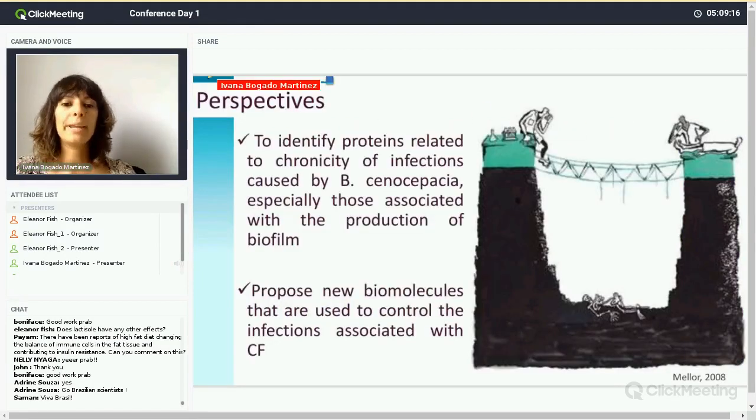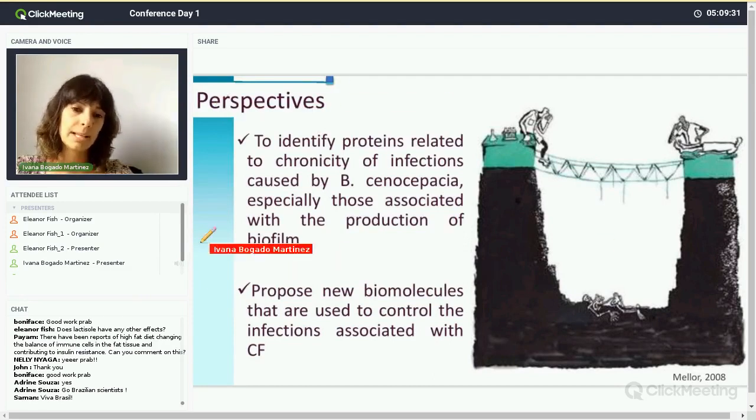We have obtained some protein extracts to analyze the intracellular and extracellular proteins that can be expressed under these conditions, and this is in analysis. Soon we will have these results.